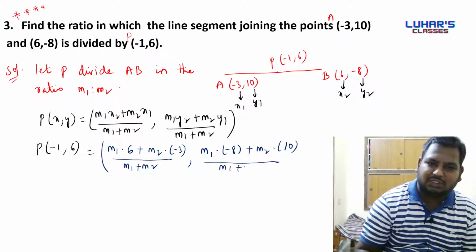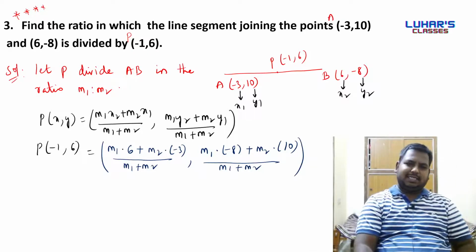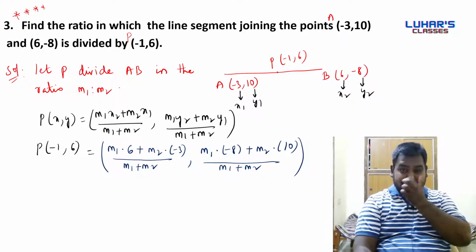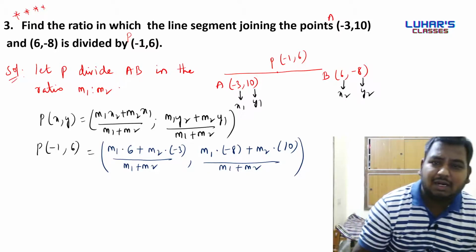Now we'll cross check. We are human beings, mistakes are common. x2 is 6, x1 is -3. y2 is -8, y1 is 10. Done. Now we'll simplify.